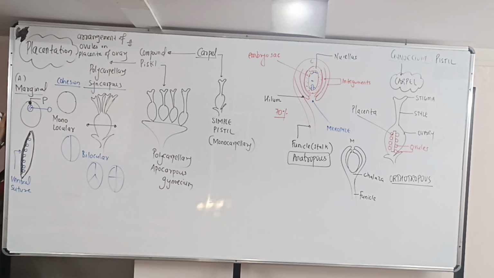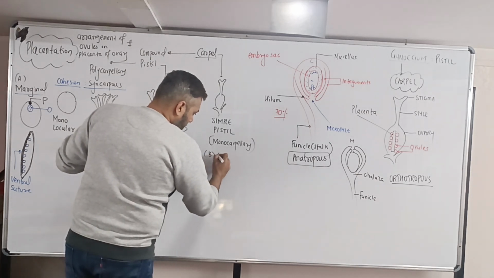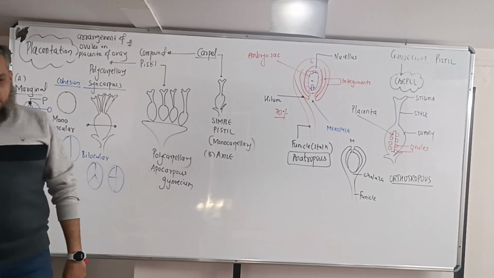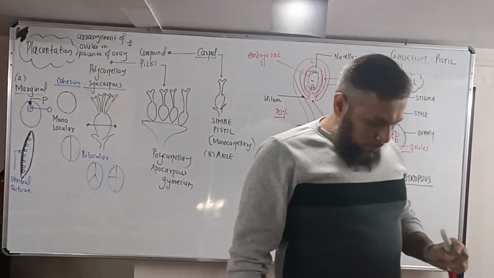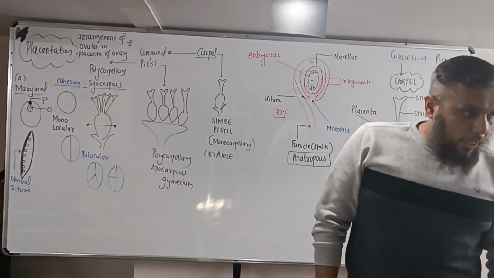Correct? See the second one. What is the second one mentioned there? Axile placentation. So in the diagram, tell me, which is the diagram? A, B, C or D? B. Do you see the B diagram?